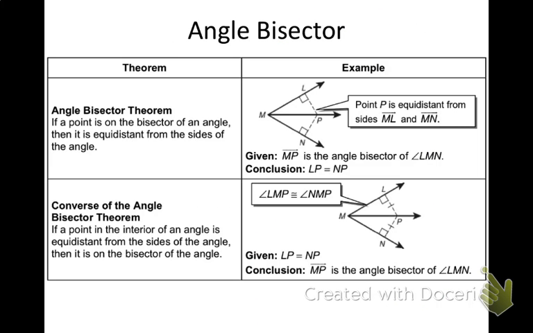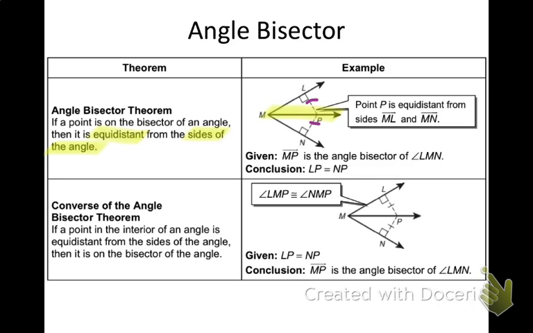All right, next part here, we're going to talk about the angle bisectors. Well, perpendicular bisectors are equal distance to the points. Angle bisectors: if a point is on the bisector of an angle, then it is equidistant from the sides of the angle. So again, if I look at it here, I have a triangle. If this is the angle bisector, then it is the same distance to the sides of the triangle.